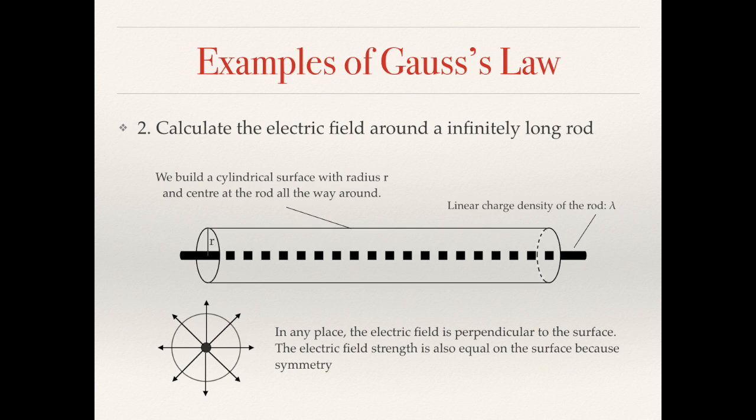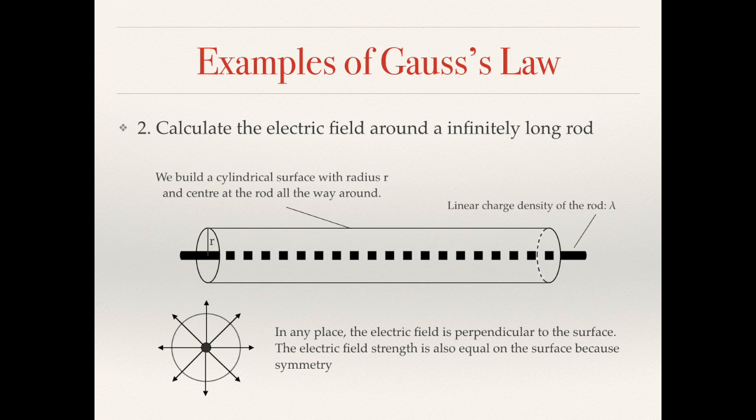The second example of Gauss's law will be calculating the electric field around an infinitely long rod which is charged. The Gaussian surface we are going to build is a cylindrical surface with radius r, centered on the rod, all the way around the rod.